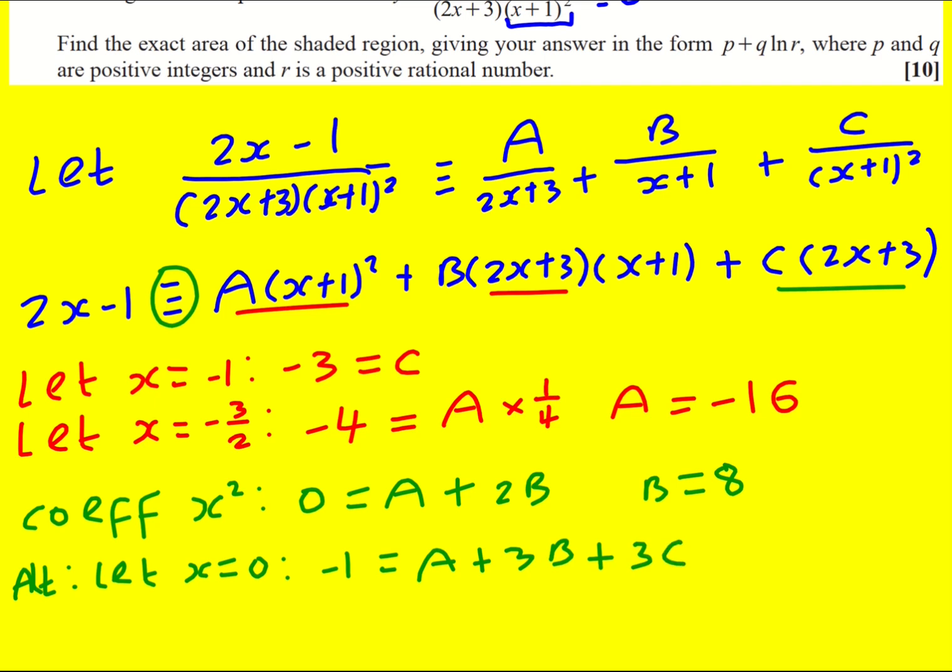There's a bit more involved, to be fair. Minus 1 is going to be minus 16 plus 3b minus 9. That's going to become minus 25, which I'm going to add onto minus 1. I'm going to get 24 equals 3b. So again, b equals 8.